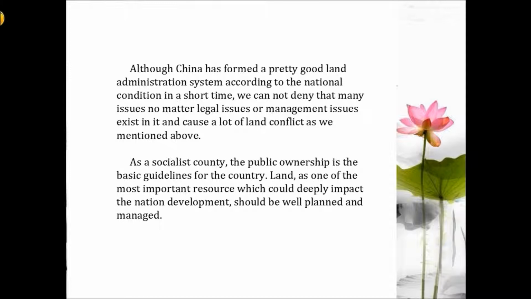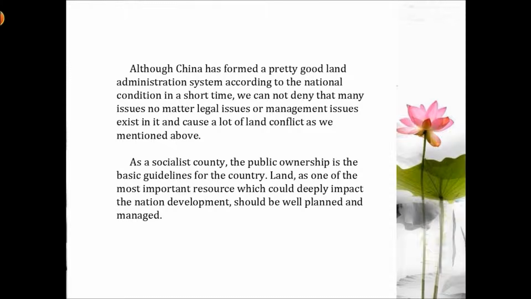So some people said maybe the socialist land policy isn't a good one or isn't suited for China. But for me, I think as a socialist country, public ownership is the best guideline for the country. Land is one of the most important resources, which could deeply impact national development, and should be planned and managed.